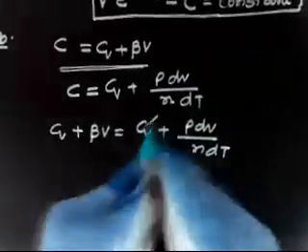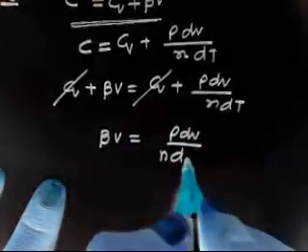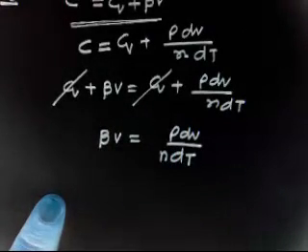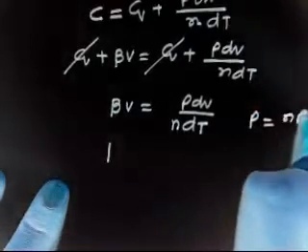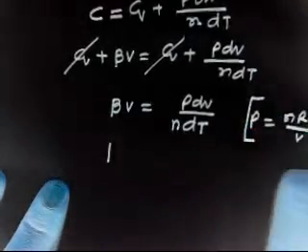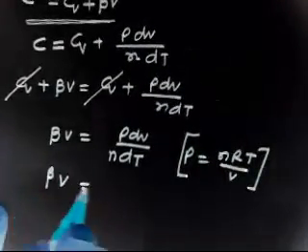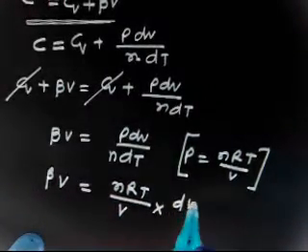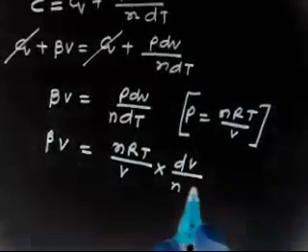Are you getting? So Cv goes out. So we will have beta V is equal to PdV by n dt. Now I want to integrate V and T, so I have to eliminate P again. So P is nRT by V. If I plug this in, P is equal to nRT by V, we will have beta V is equal to nRT by V into dV by n dt.